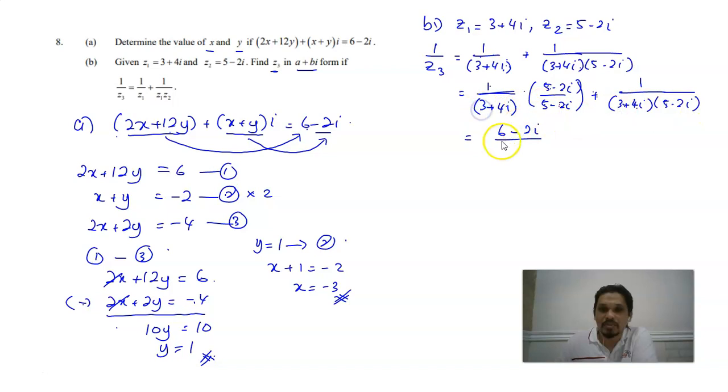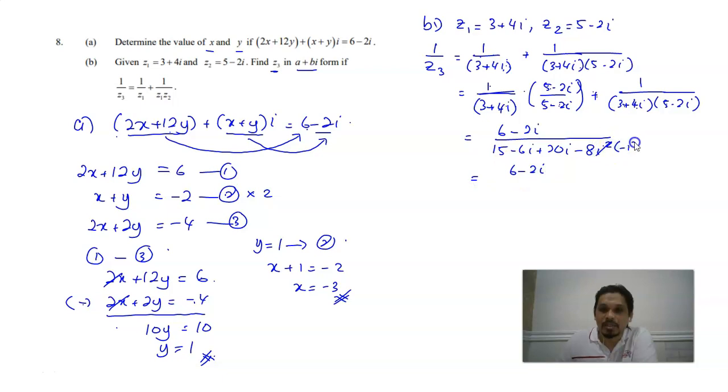So 3 times 5 equal to 15. 3 times negative 2i, minus 6i. 4i times 5. 4 times 5 equal to 20i. And positive times negative, negative 4 times 2 equal to 8i squared. Okay, 6 minus 2i.